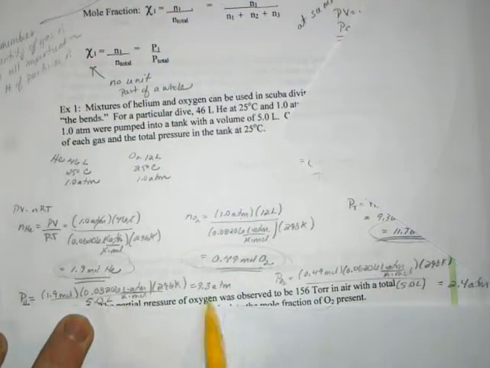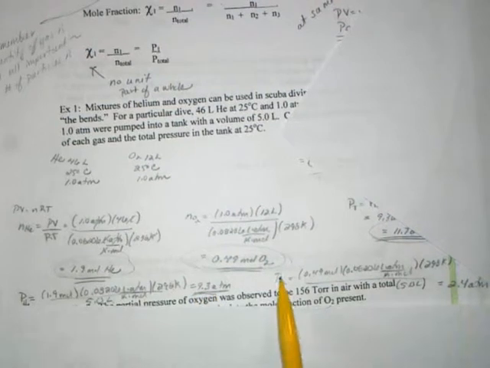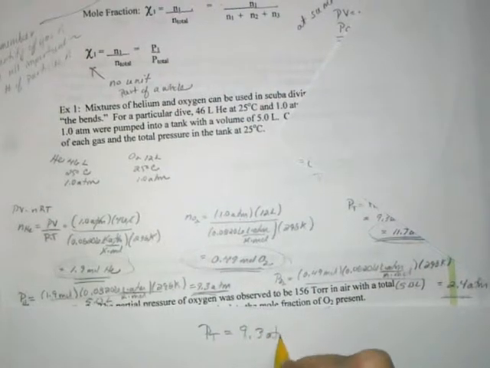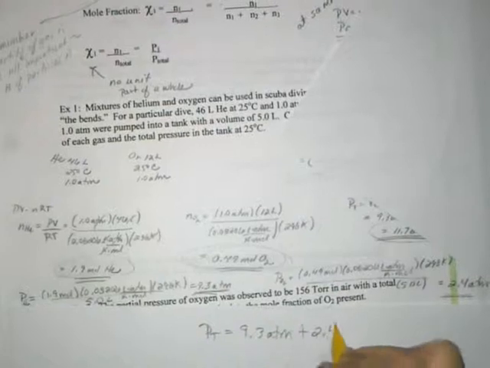So the 1.9 moles of helium times R times temperature divided by the 5 liter, and so it'll be showing 9.3 ATM, and then plugging in this many moles of oxygen, but in the 5 liter, 2.4 ATM. And then adding those, we would get the total pressure being 11.7 ATM.